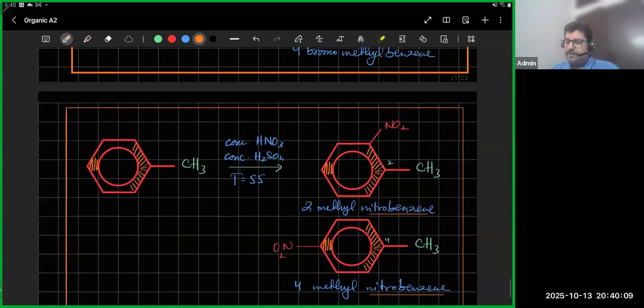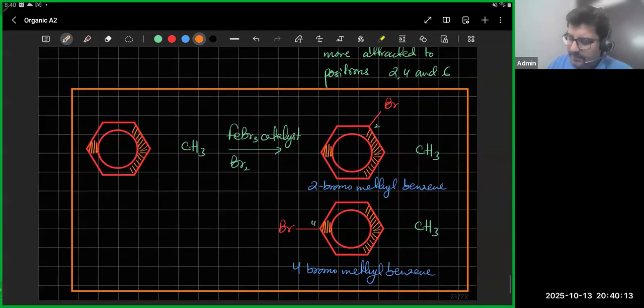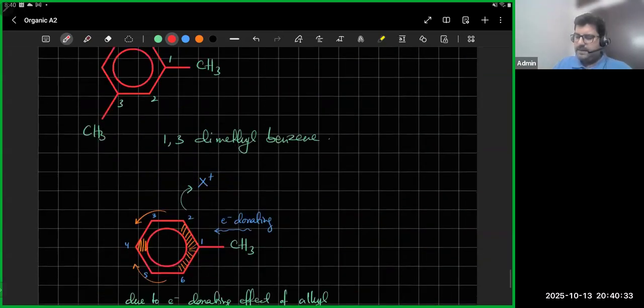So that is arenes, right? It's a benzene with this thing. So this is an arene and this is electrophilic substitution.